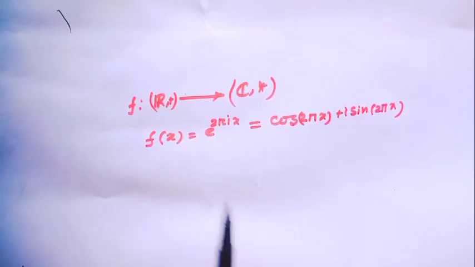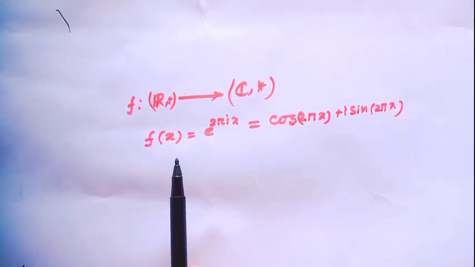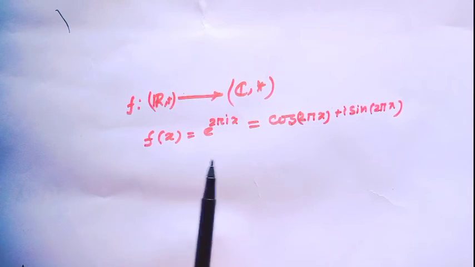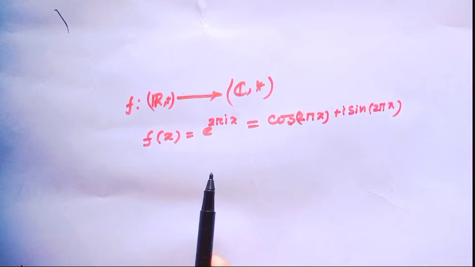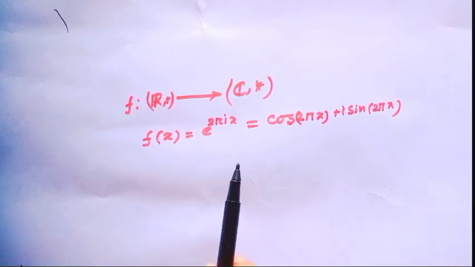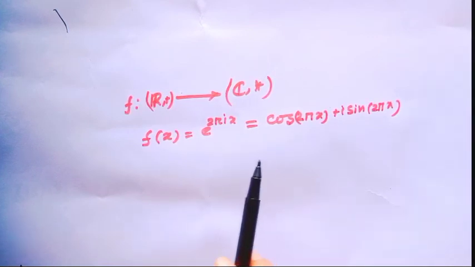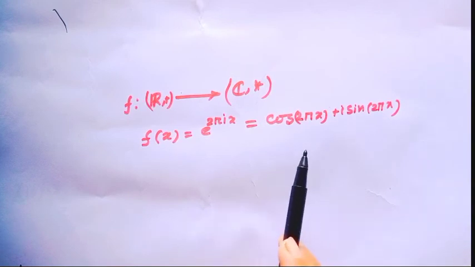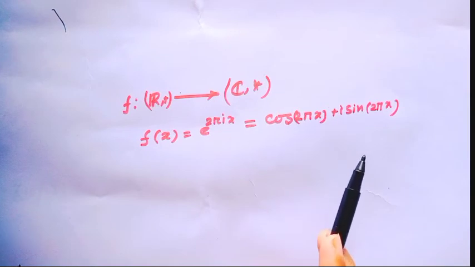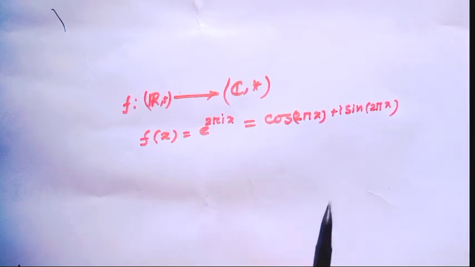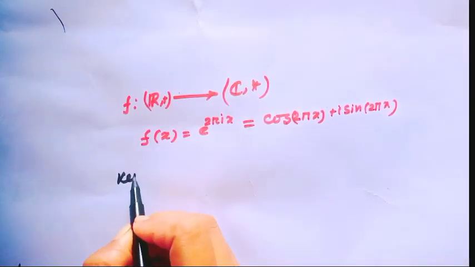Let's see another example. Let f be a mapping from the real numbers under addition to the complex numbers under multiplication. And the mapping is defined as f(x) equal to e to the power 2 pi i x. That means this implies cos 2 pi x plus i sin 2 pi x. Okay. What would be the kernel of f?